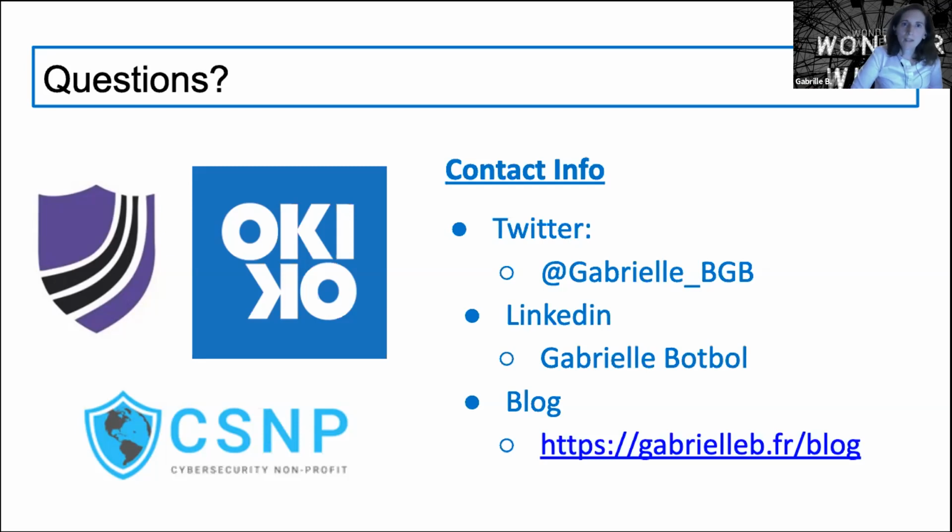I test on production systems, but most of the time we ask customers for a pre-production system, an environment dedicated to testing that is as close as possible to production, because we don't want to mess with production most of the time. So we do sometimes test on production, but we try to avoid it.